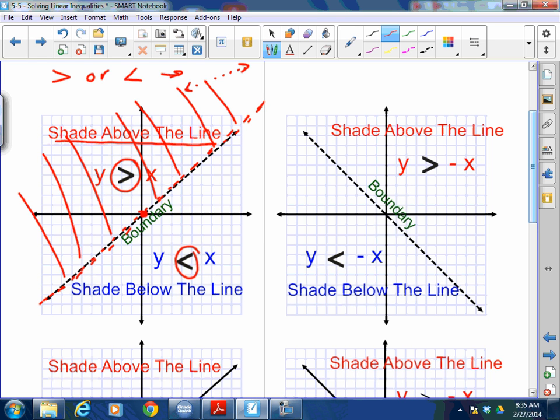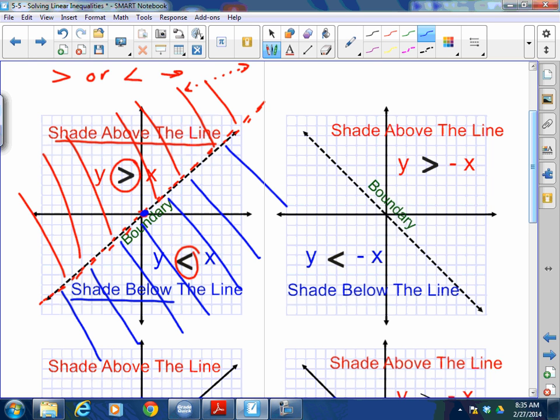Does that make sense? If it is a y is less than, look at the y-intercept again, and you're going to shade below the line or below the y-intercept. So you're going to shade below the line when it's less than. Does that make sense so far?